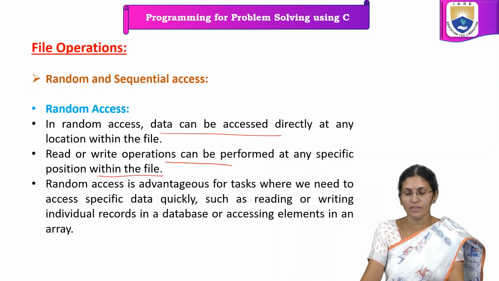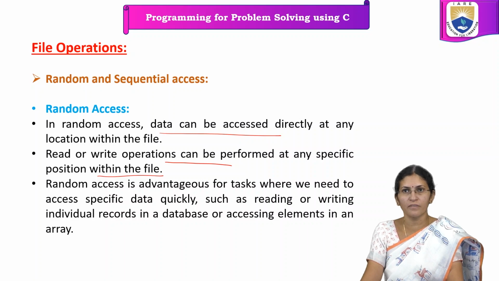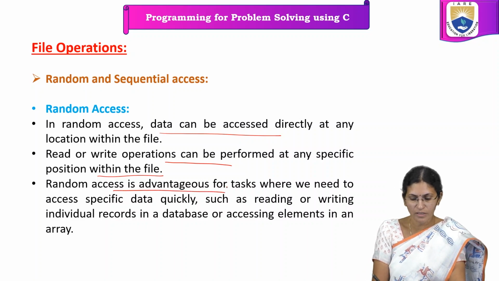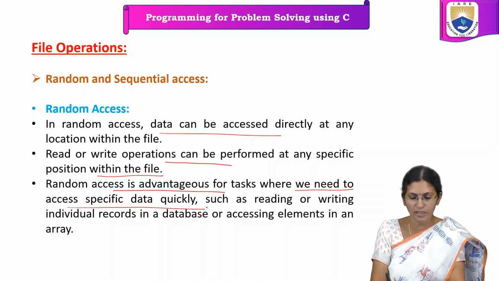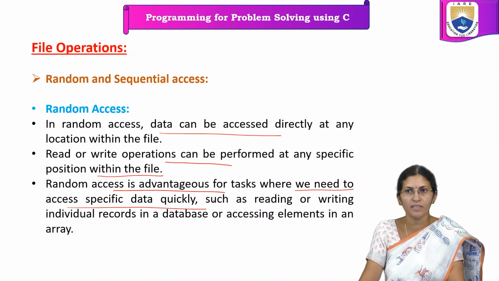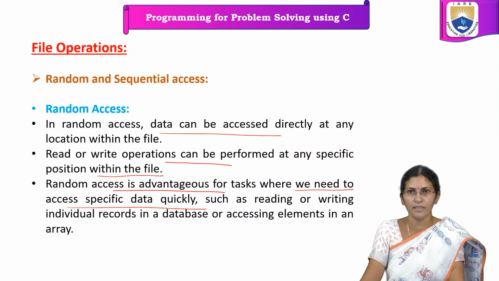Because of this, suppose we want to access the fifth record in a file, then we can directly go to that particular position and access the data available there. Here it saves lots of time. This method is advantageous for tasks where we need to access specific data quickly, such as reading or writing individual records in a database or accessing elements in an array.